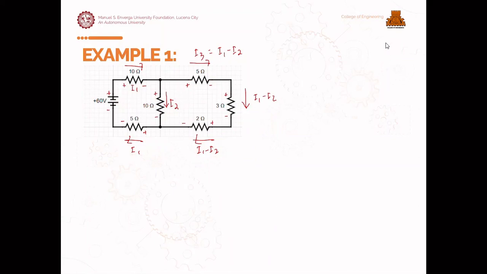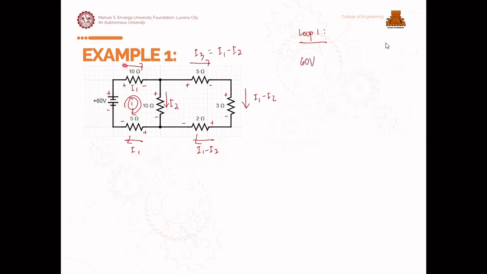So, loop 1. Lagyan natin ng number. So, from loop 1, nag-start ako lagi sa left side, no? So, ito will be up. Ganyan yung magiging flow nyo pag nag-loop tayo. Okay? So, since dito, towards positive tayo, 60 volts.